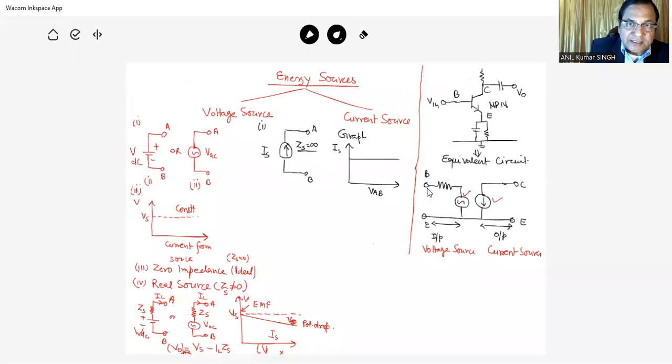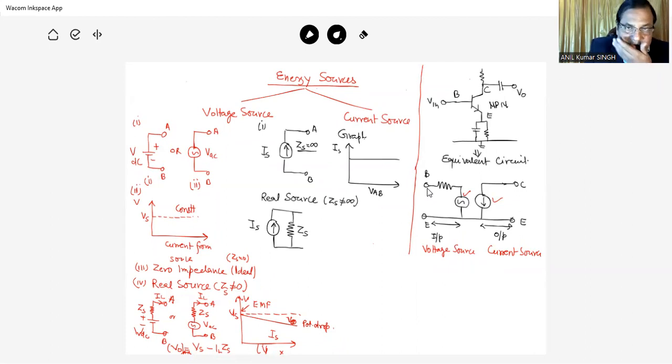But in a real source, ZS is not infinite. So what will happen? The current source can be drawn as IS with ZS.